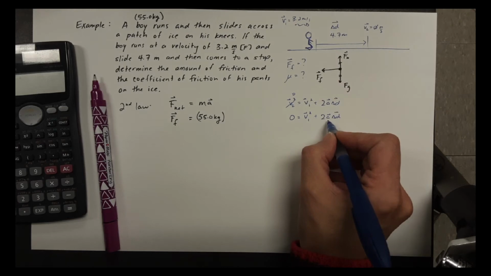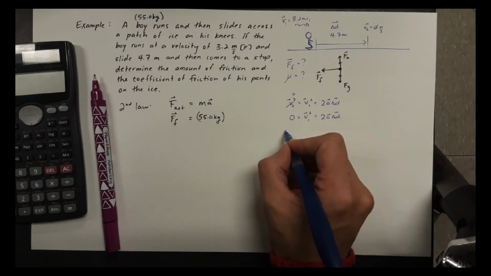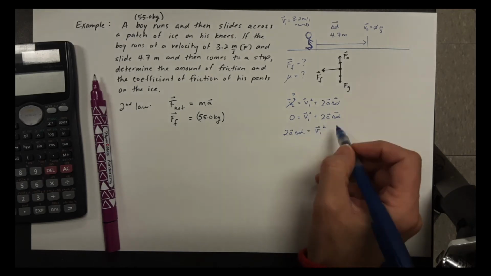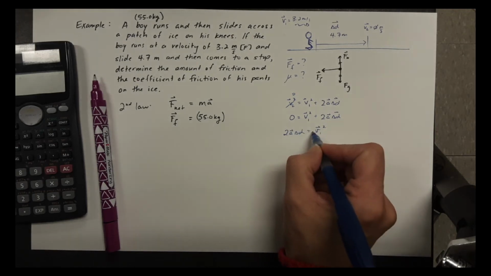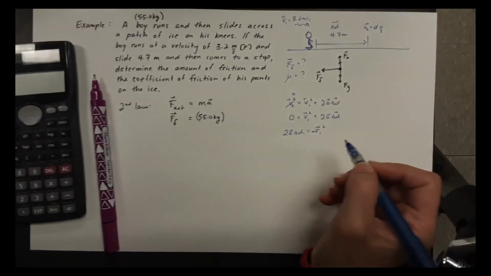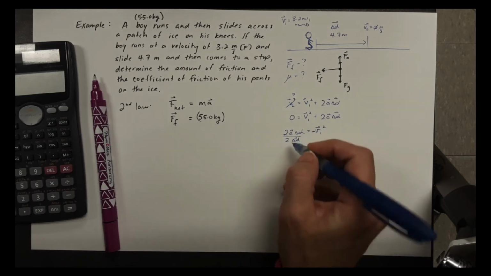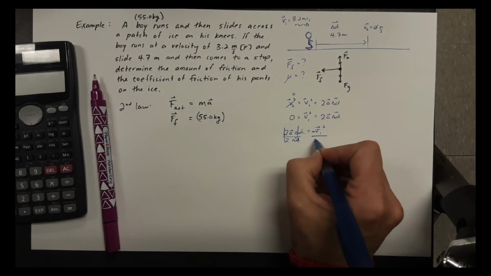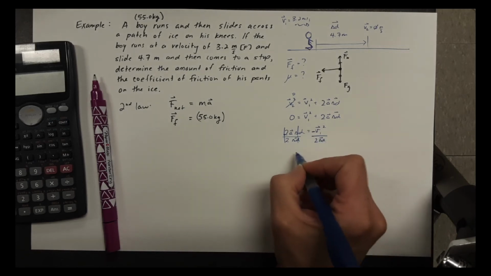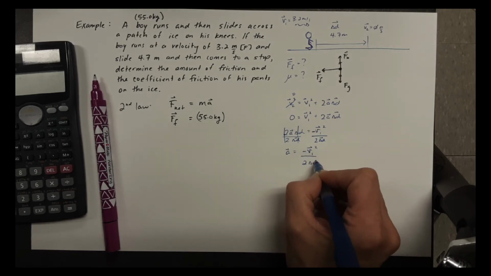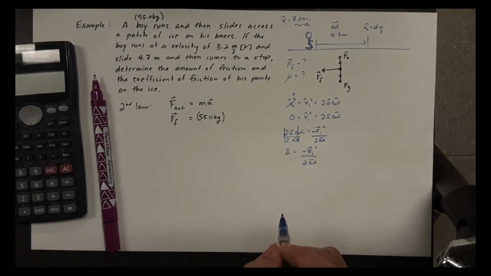So if I want to solve for acceleration, I can rearrange this, and then divide both sides by 2 delta d. So I get that acceleration equals negative v1 squared all over 2 delta d.